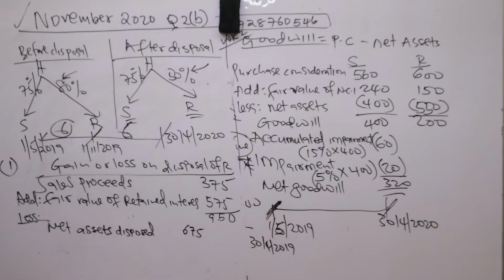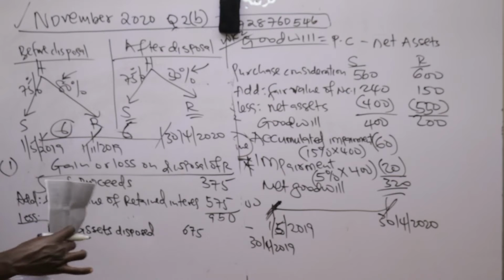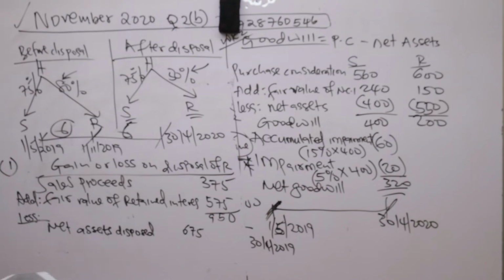But in this net assets, according to that additional information, the 675 includes what? The non-controlling interest of R, with a carrying value of 175. So this is the value for the NCI, which we need to deduct from here.